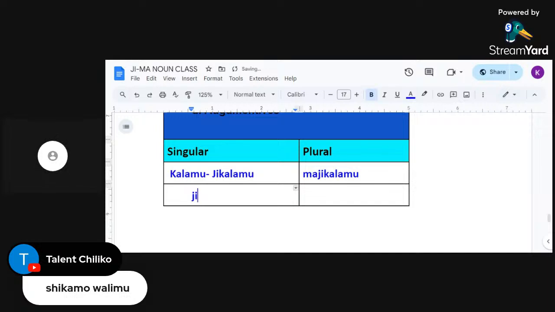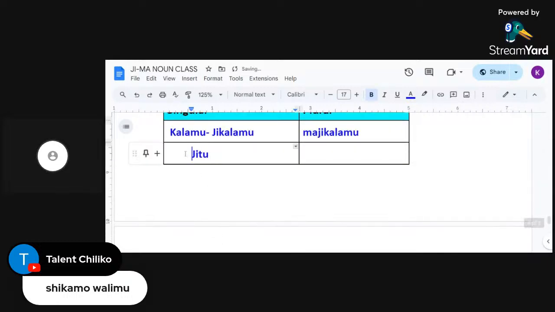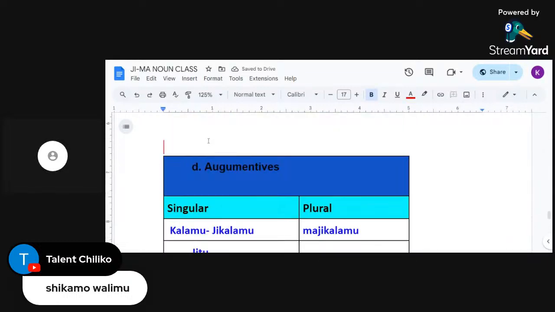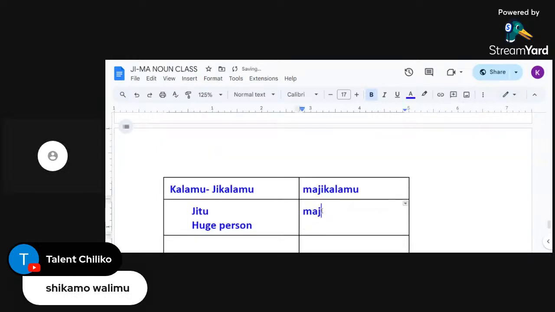Jitu is a huge person. Now, if they're many, we say majitu. Huge people or giants. Majitu.